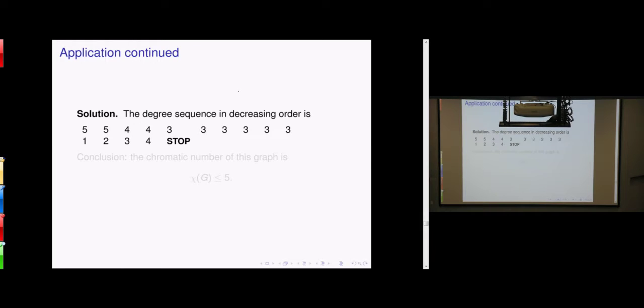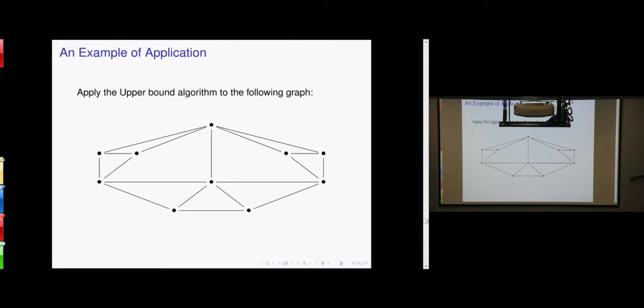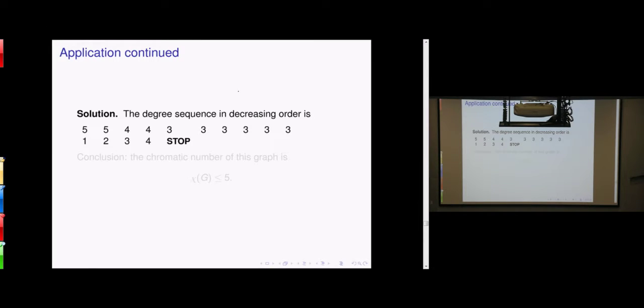So the degree sequence in decreasing order is 5, 5, 4, 4, and all others 3. Is it true? This guy is 5, this guy is 5, this guy is 4, this guy is 4, all others are 3. That's the sequence of degrees in decreasing order.